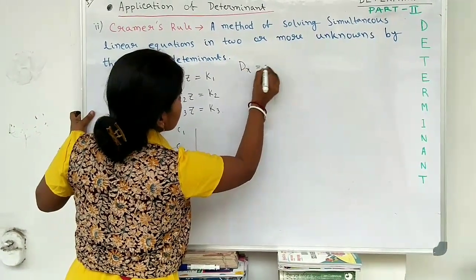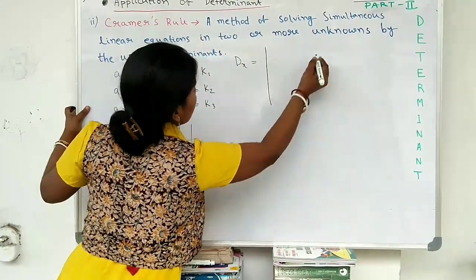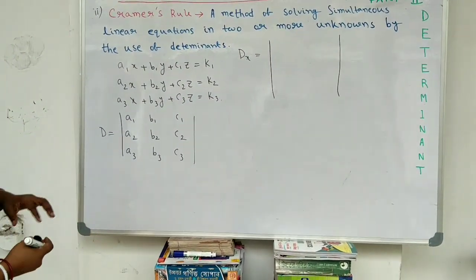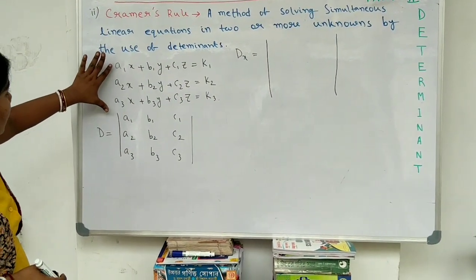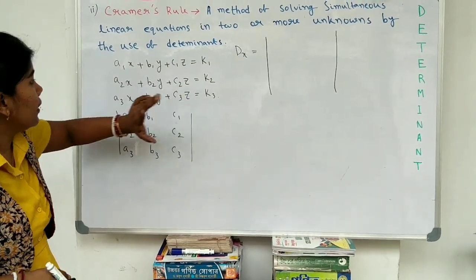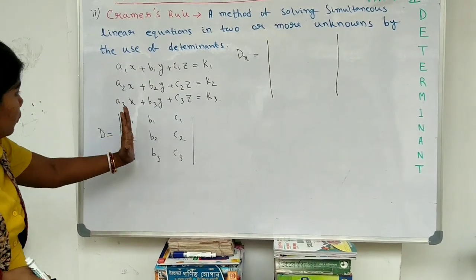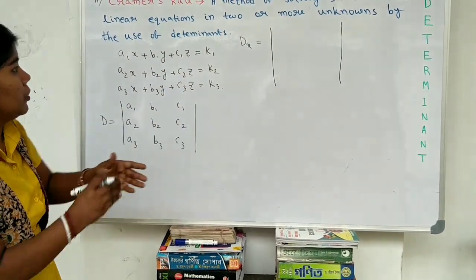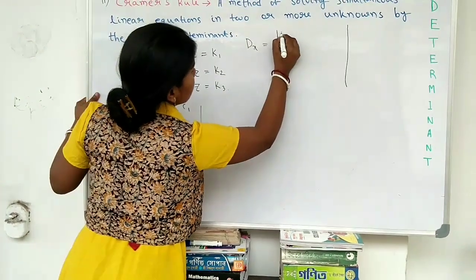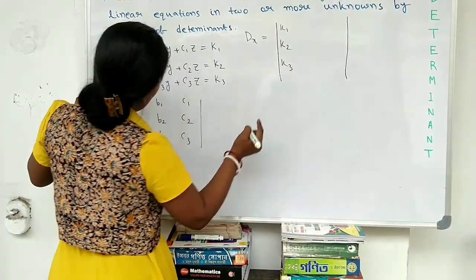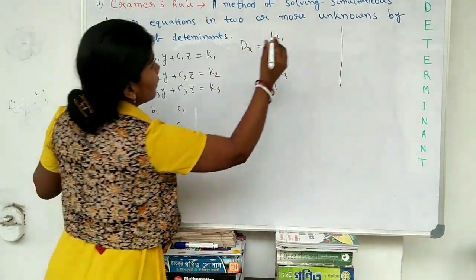What is Dx? To find Dx, you have to replace the column involving x by k1, k2 and k3. That is, you have to replace the first column by k1, k2, k3. All the other elements will remain same.